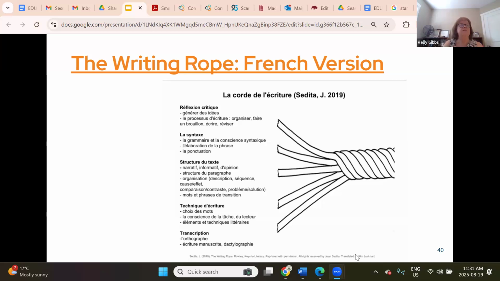And just to throw fun into it, for our French immersion, French as second language teachers, it is important that you know that there is other information out there for the writing rope in a French version.